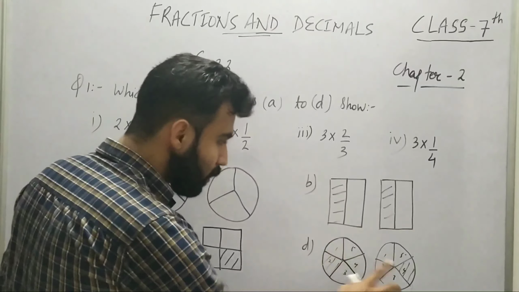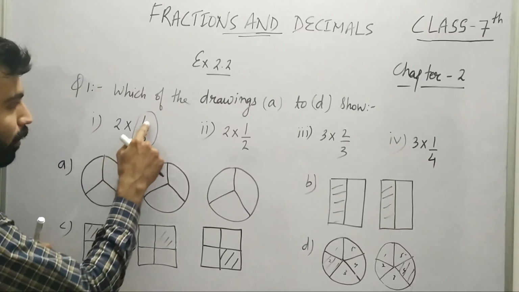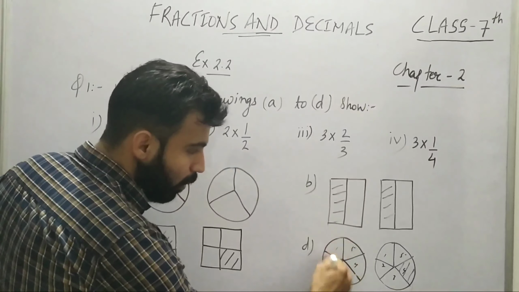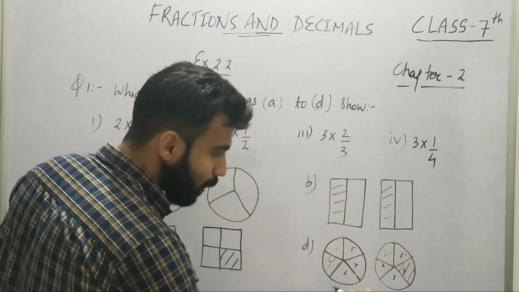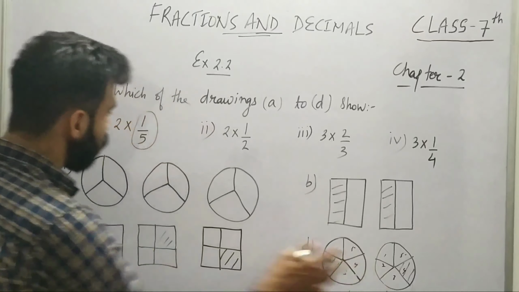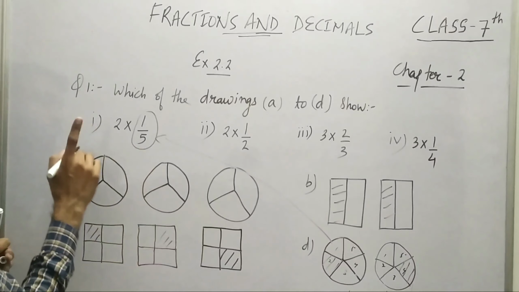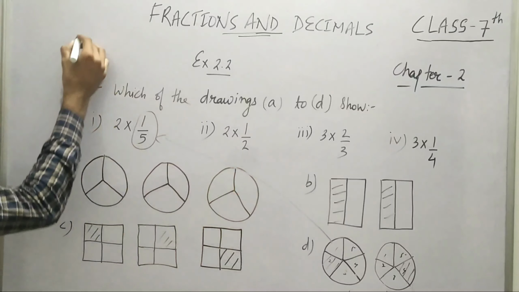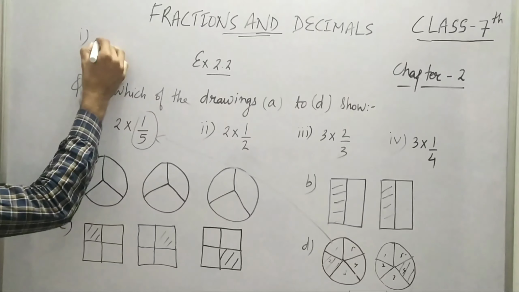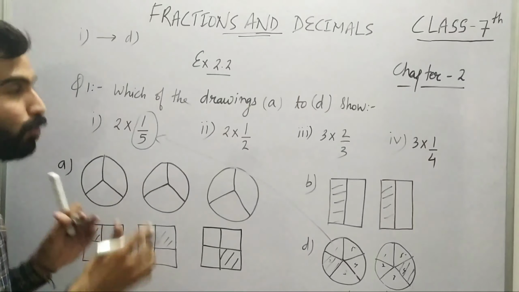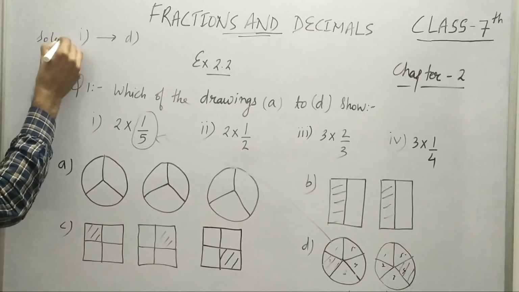And so this is the figure which shows that 1 out of 5 is shaded, 1 out of 5 is shaded, and there are 2 in number. So this is matched with this. So let me just write it in the free area here. So the first part is combined with D figure, right? So you have to write the solution like this, right?